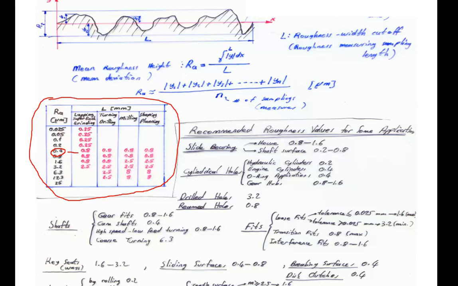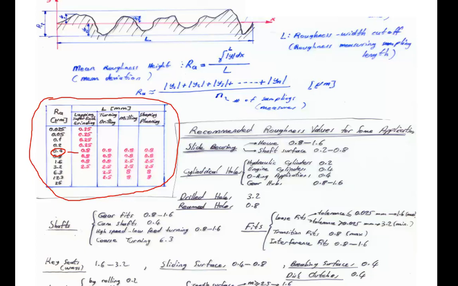Along the path, 0.8 is the roughness cutoff value times 5, okay, 4 millimeters. Along the path, its length is 4 millimeters. Measure the roughness value.